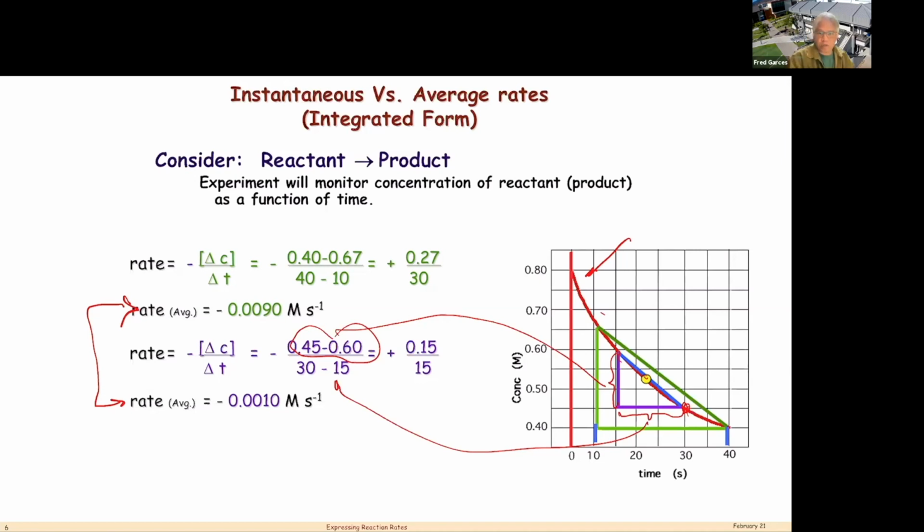But what you can also do is find the instantaneous rate at some point. And when you do that, then of course what you are doing is you're making that difference very, very small. And we don't call it delta anymore, we call it d. Okay, the derivative dC/dt, and dC/dt is just the slope at that point, the tangent line at that point.